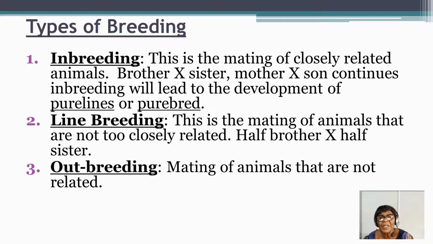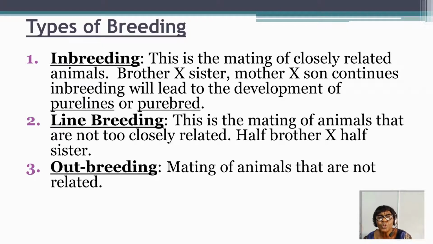In human beings, a father may have two wives. And then the first wife will bear children, the second wife will bear children. You see, the children of these two women are not from the same mother.